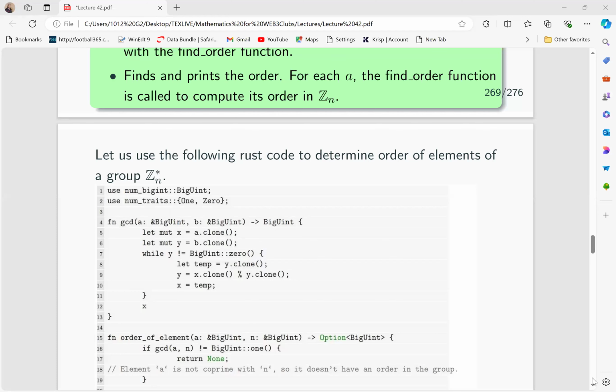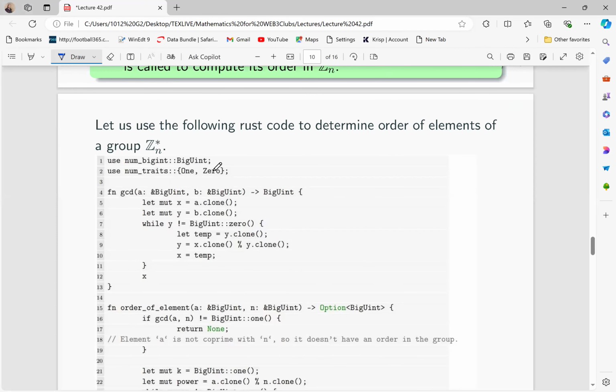Now, the GCD function, we had talked about it earlier several times, but of course, I'll still repeat how it works.